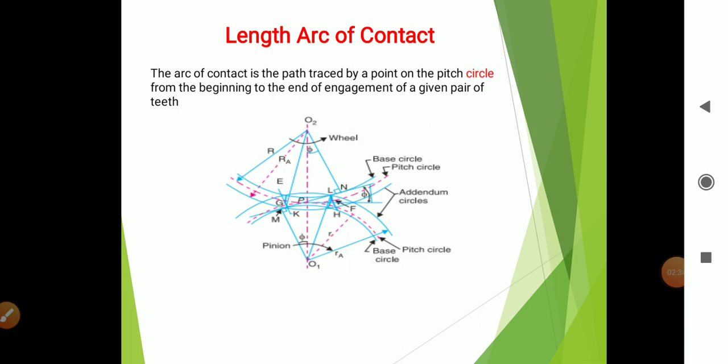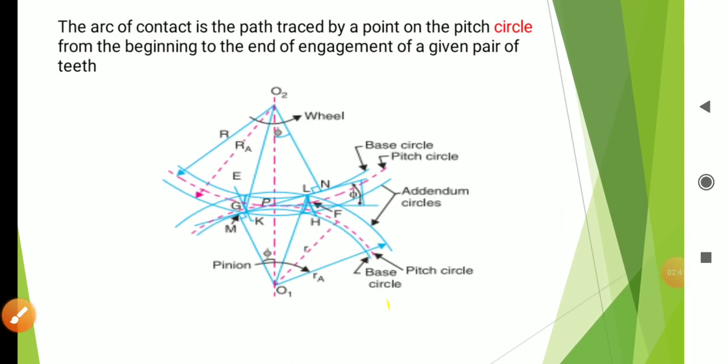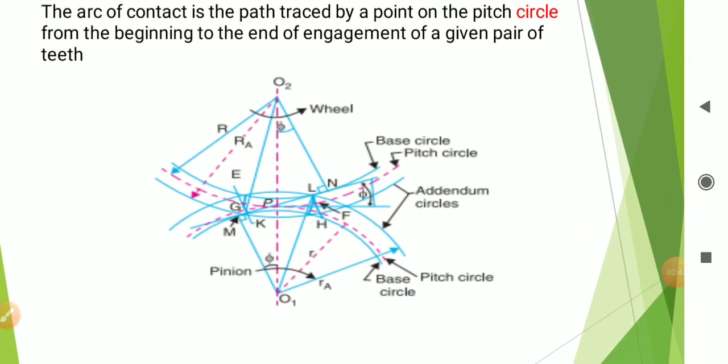So see here, this is the figure. I will zoom this figure and explain all the terms one by one. In the previous video we already explained all these terms, but I will repeat once again.